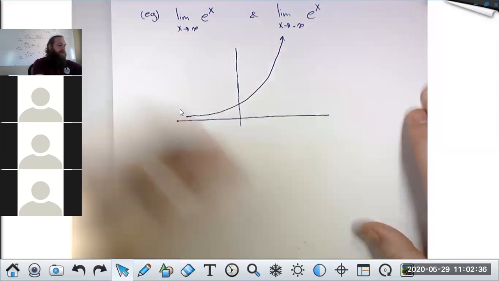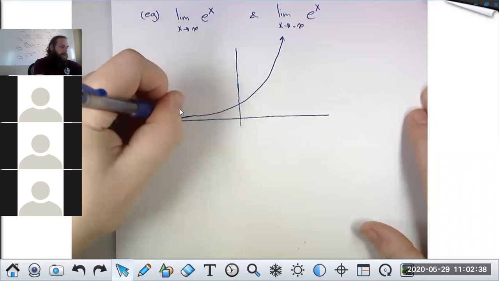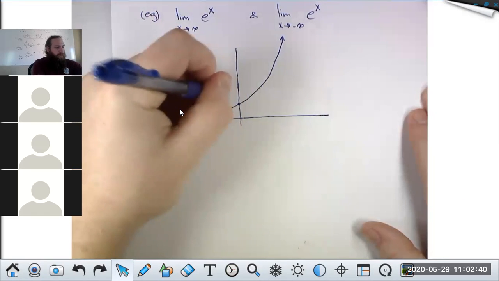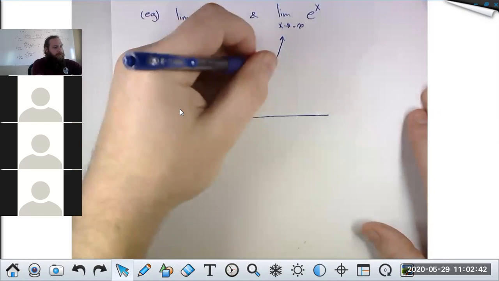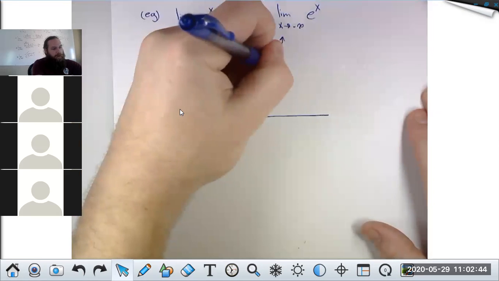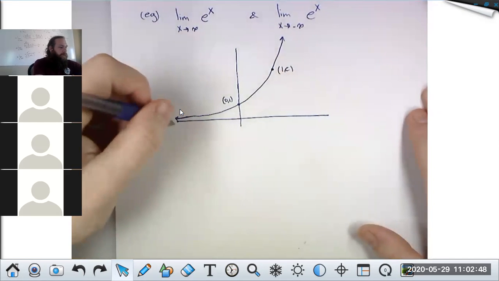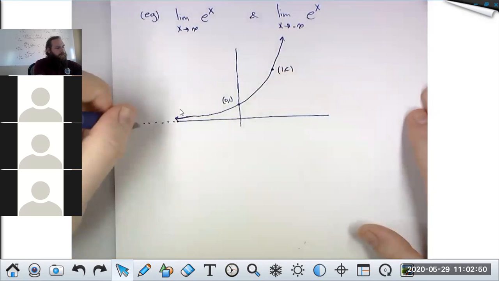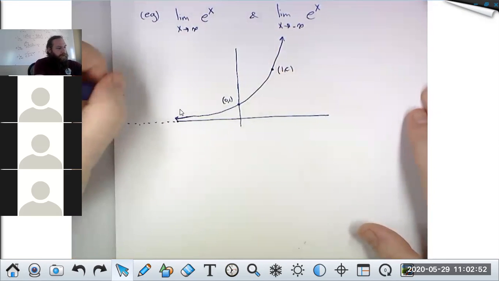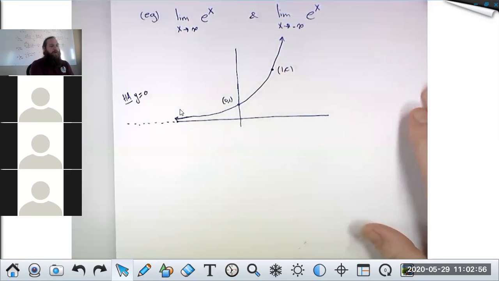Here's the graph of e to the x. This is the point 0, 1. Over here we have the point 1, e, and so on. It does have a horizontal asymptote over here. You guys remember that from your algebra classes, I'm sure. But it only approaches it on the left.